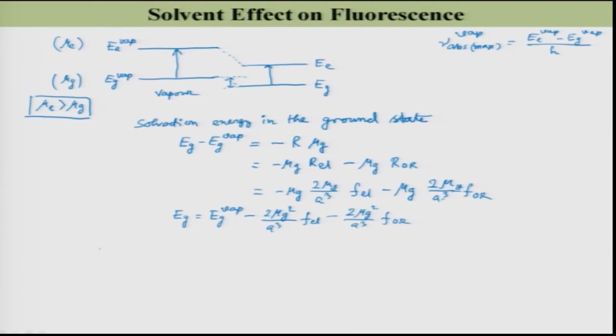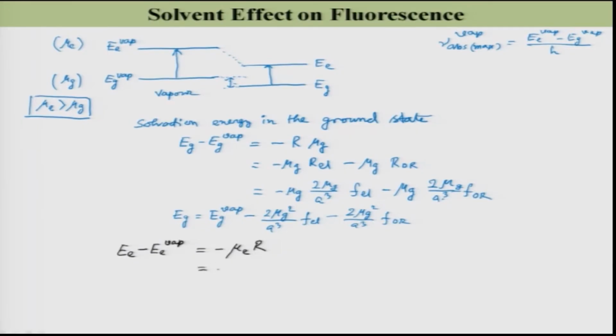So, I can write easily, in similar fashion, E minus E vapor is equal to minus mu into R, but in this case that mu is mu E, the excited state dipole moment of this molecule. So, mu E into R, right.